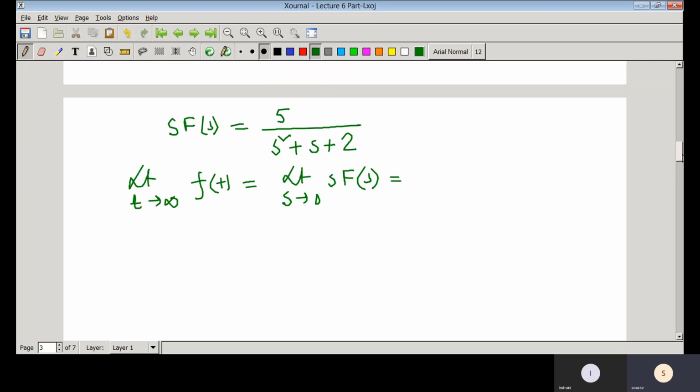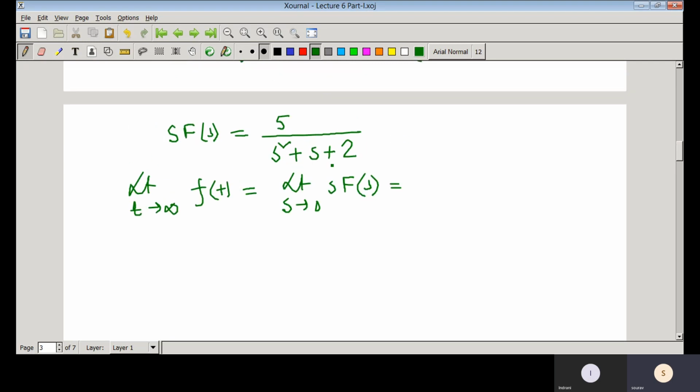What we have seen here, sF(s) is 5 by (s square plus s plus 2). So that is limit s tends to 0 of 5 by (s square plus s plus 2). If you apply this limit, you will get 5 by 2.